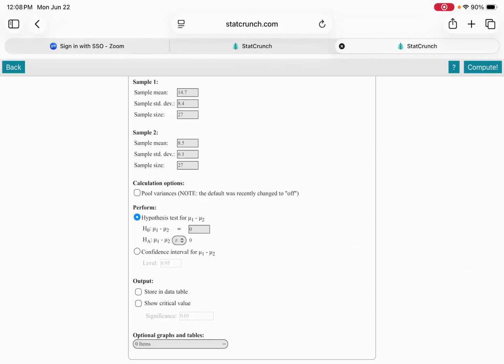All right. Notice right here in calculation options, pool variances. Note the default was recently changed to off. The whole idea there, that's what I at least wanted to mention, pooled information in proportions, and obviously it's going to come up here in means as well. You don't need to worry about this. Most importantly, make sure that that is turned off.